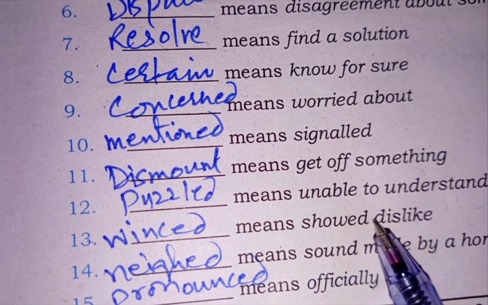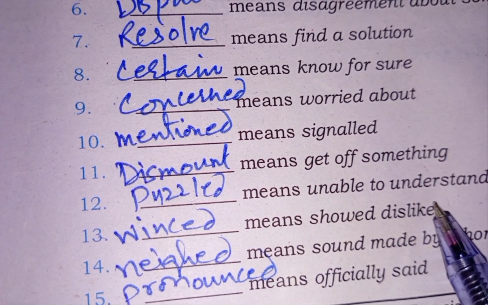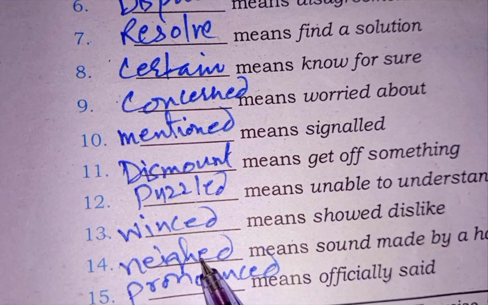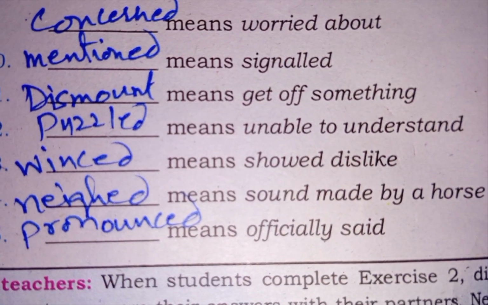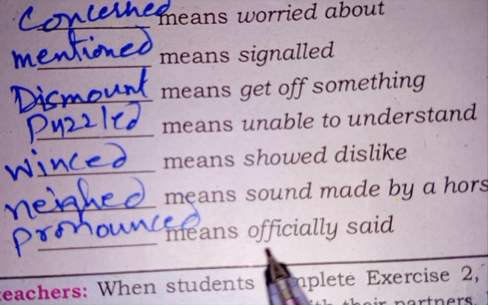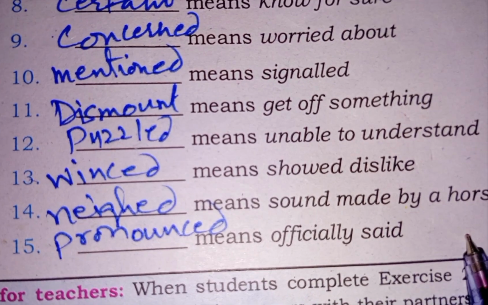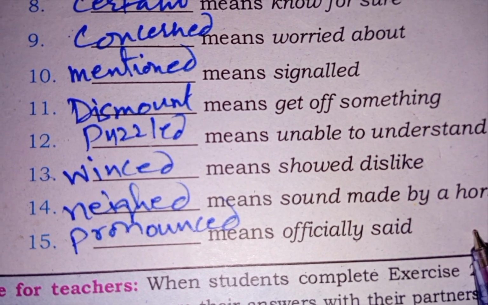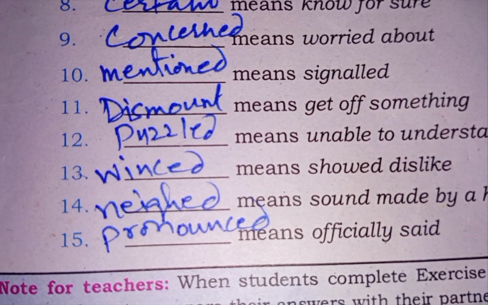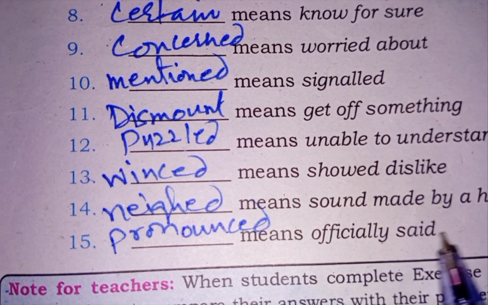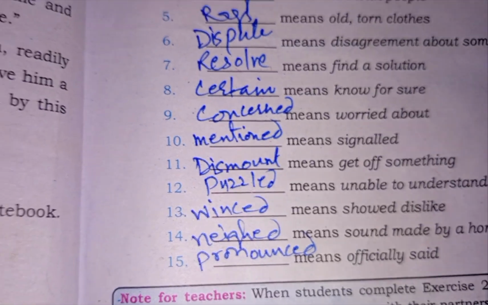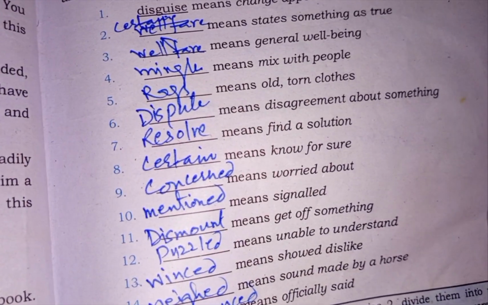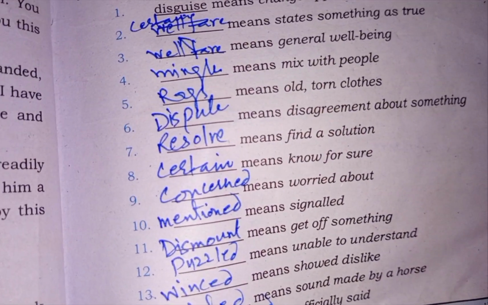Winced means show dislike. Neighed means a sound made by the horse. Pronounced means officially said, the thing that is officially announced, either in written form or verbally. So in this way we have solved this exercise.